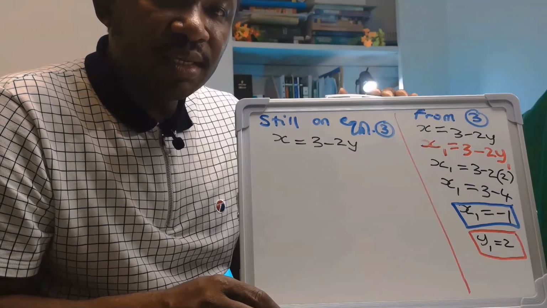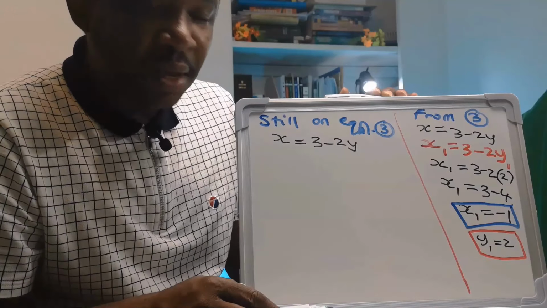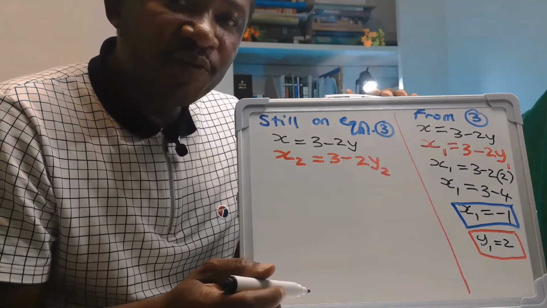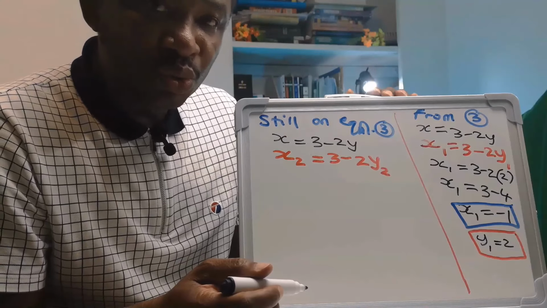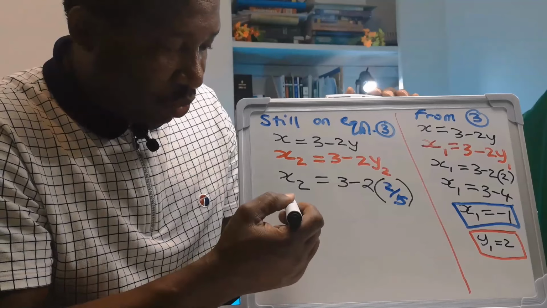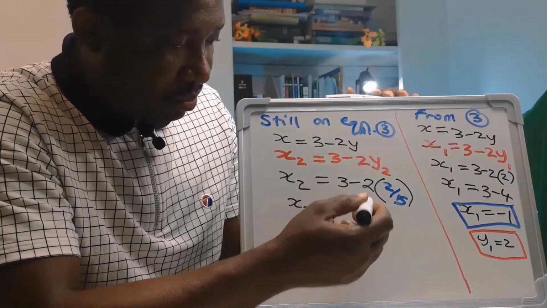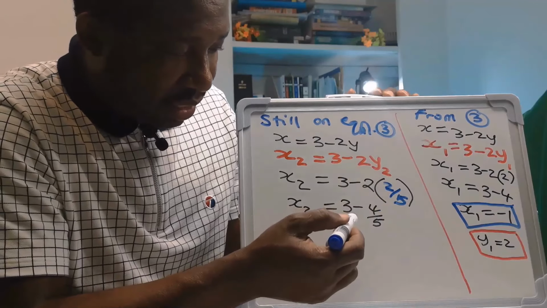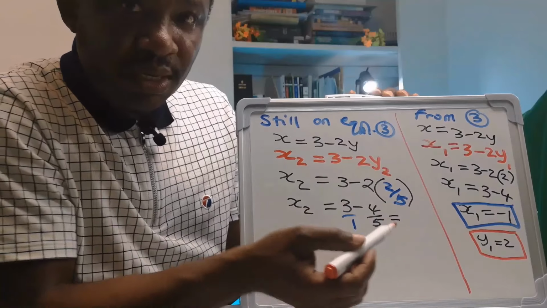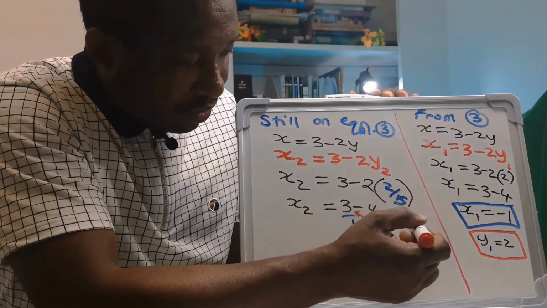Next, still on equation 3, where x is 3 minus 2y, we're going to find x2 when y2 is 2 over 5. We're going to have that x2 is 3 minus 2 times 2 over 5. This 3 is like 3 over 1. Next, 5 multiplied by 3 is 15.